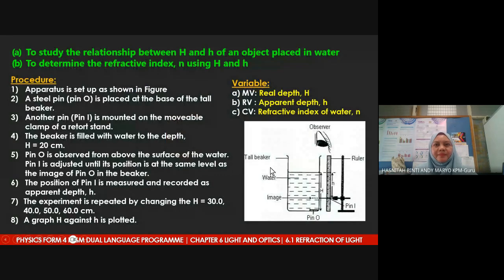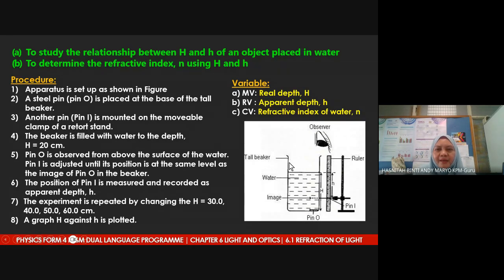So this is our diagram of apparatus and material. We need a beaker and 2 pins. Pin O is acting as the actual object and pin I is to represent the image. And then we need a ruler and retort stand as well.